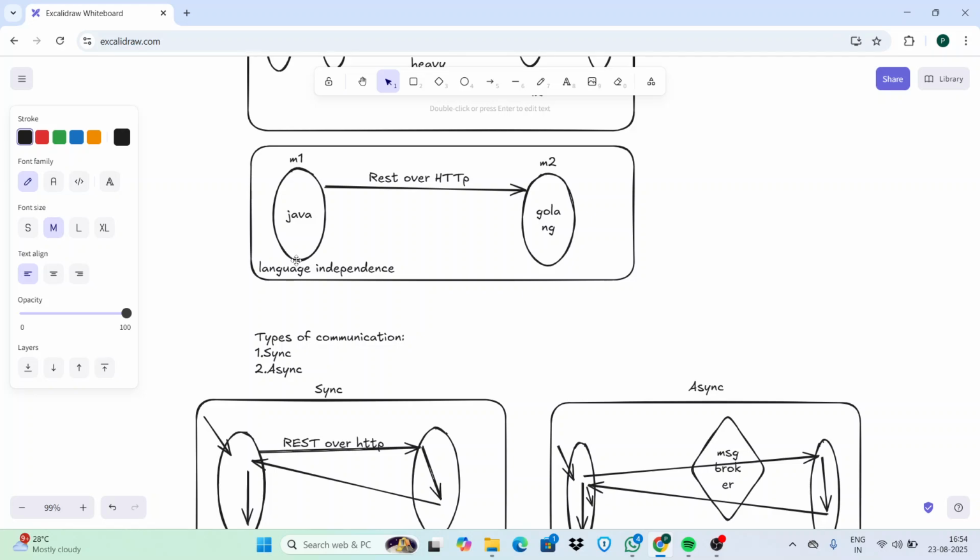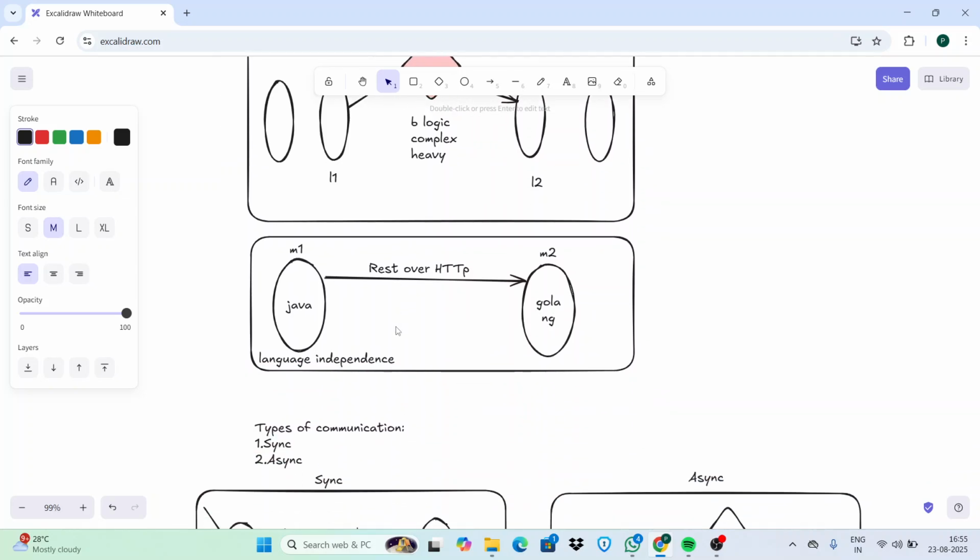It brings the language independence feature into the picture: every microservice can be designed as per the team's expertise. If the team is expert in Java, they can build it using Java. If the team is expert in .NET, they can build that microservice using .NET. So this language independence advantage comes because of smart endpoints and dumb pipes.